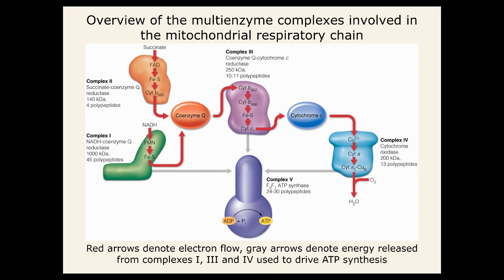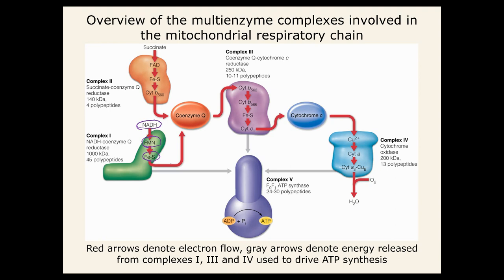Here, I kind of like this picture because it identifies within each complex what the important key players are. Within complex 1, NADH comes in and it passes electrons to FMN, flavin mononucleotide, to an iron sulfur. Not shown here is that there's a proton pump.